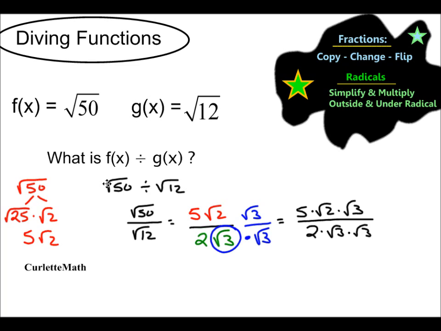We just worked out a second ago that the square root of 3 times the square root of 3 equals 3. The square root of 2 times the square root of 3 is going to give us the square root of 6. So this is going to work out and give us an answer of 5 square roots of 6 all over 2 times 3, which is 6. Great job on our problems today.